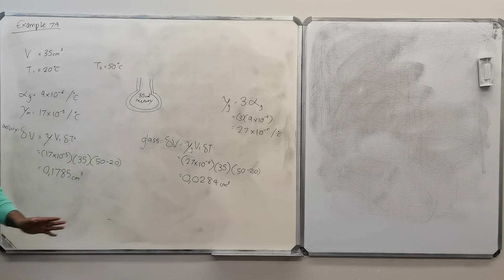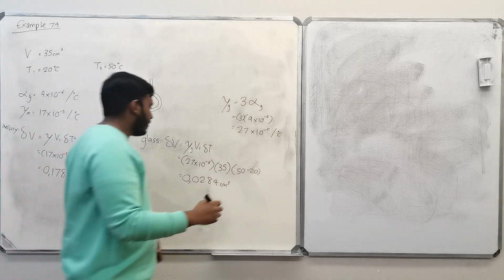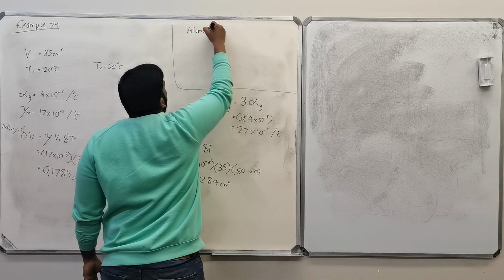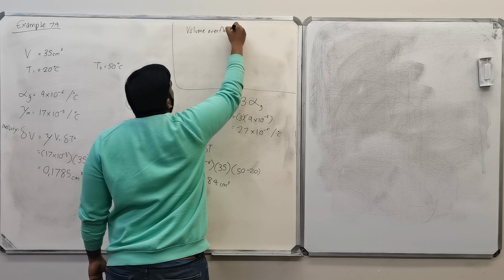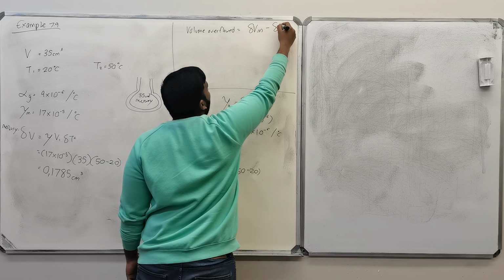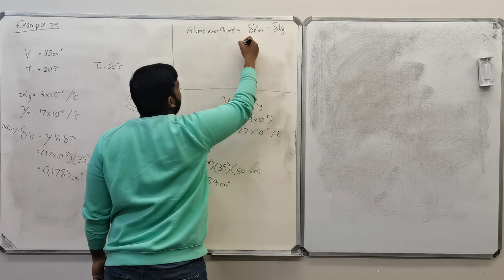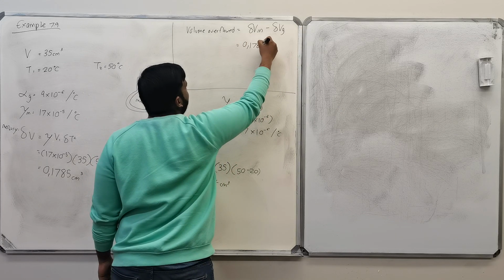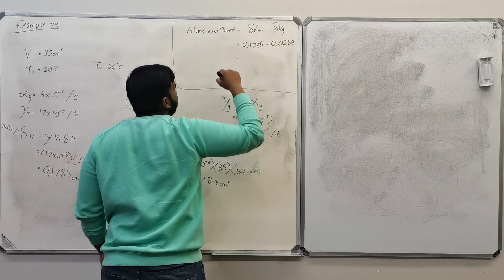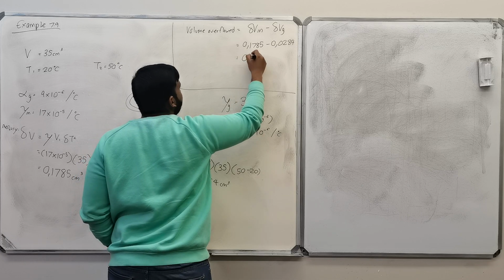Okay. So now we know how much that volume changed for the glass. We know how much the volume changed for the mercury. So your volume that overflowed will be equal to your change in volume for the mercury minus your change in volume for your glass, which is 0.1785 minus 0.0284, which is 0.1501.